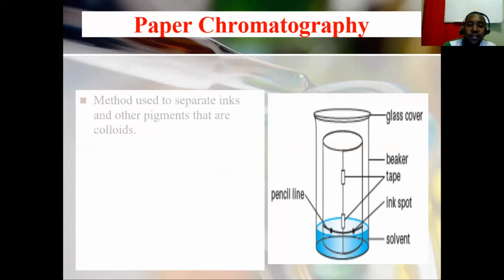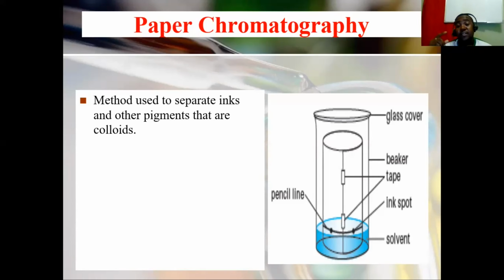So the reason why, when you put your food dye on your paper chromatography paper and you put it in water, you see the different colors is because each of those colors has its own solubility in water. So this method is based on the different color solubility in the specific solvent that you're using, right?